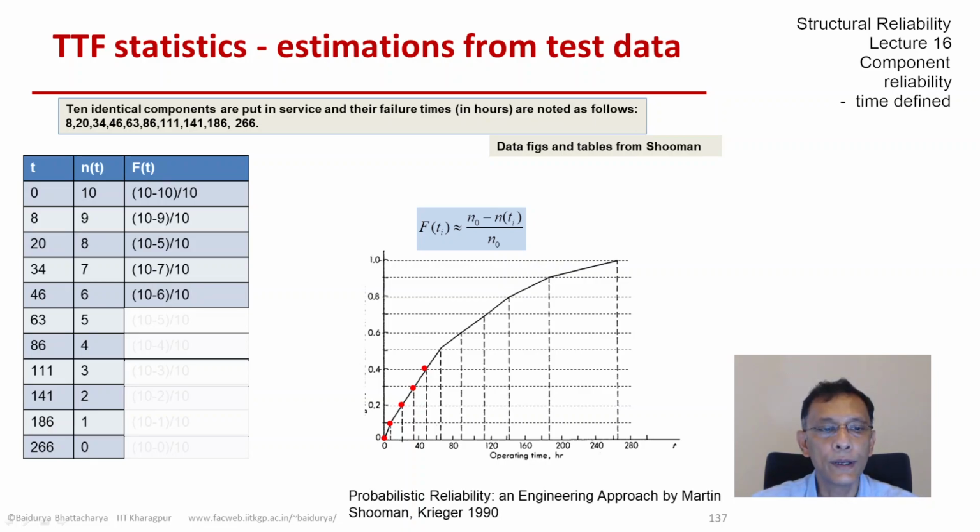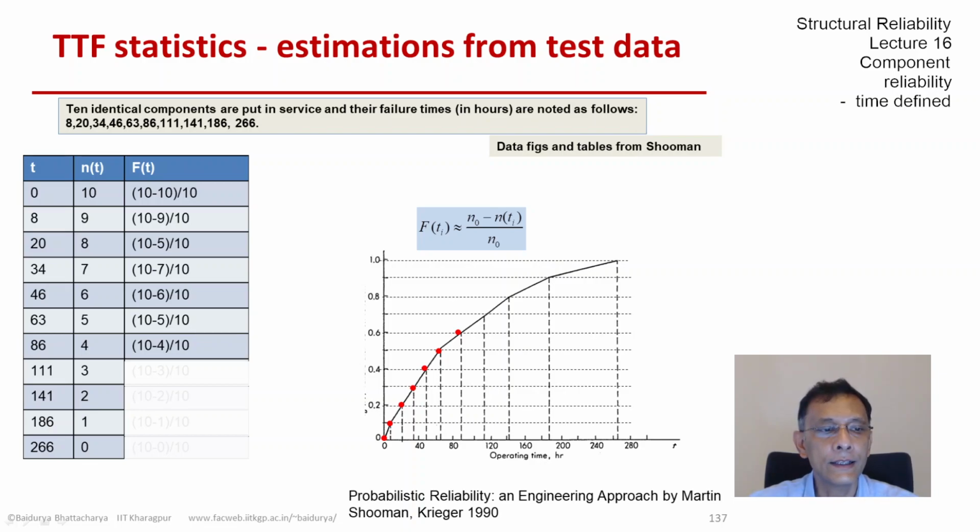So if we keep doing this, we are going to trace the curve that is already there from Shooman's book, or more correctly, we are going to get those red points and then join them with the best fit curve.